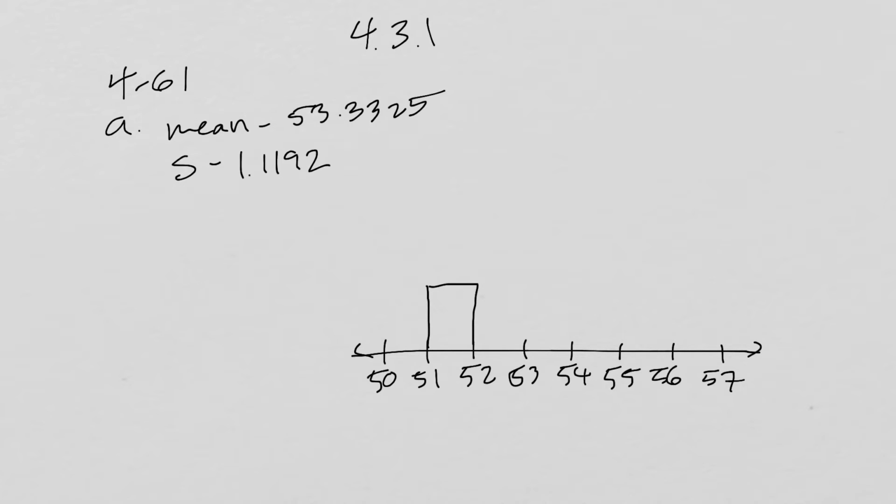One of our bars is really tall, so that's why I'm going to make the other ones kind of short. From 52 to 53, it looks like it's about 9. From 53 to 54, that one's at about 17.